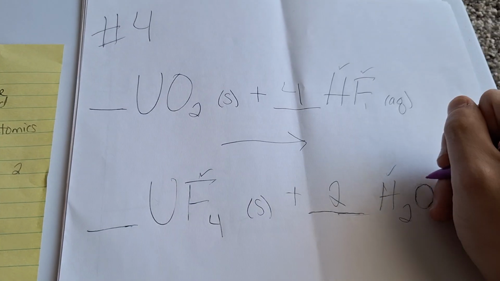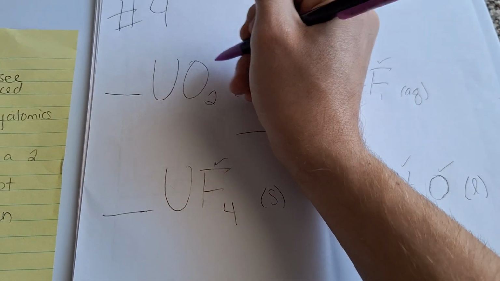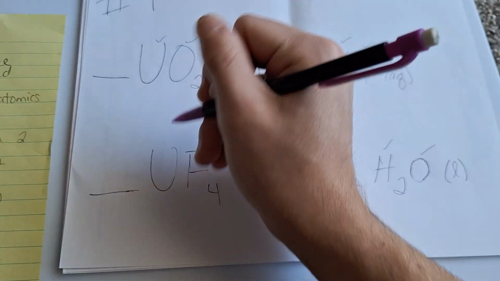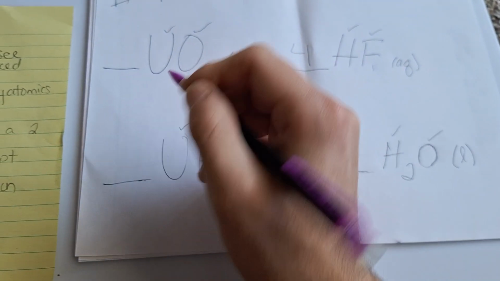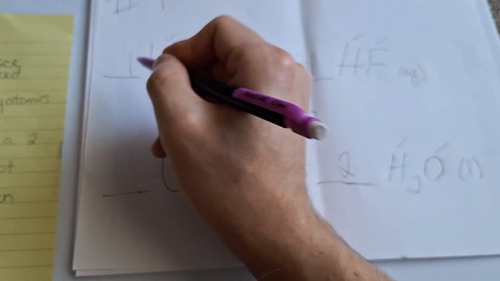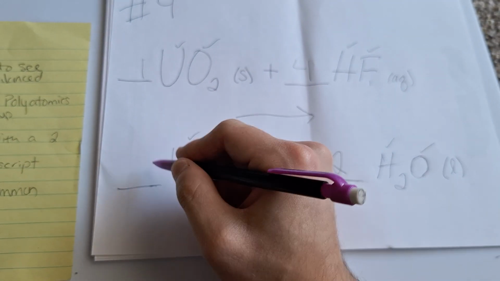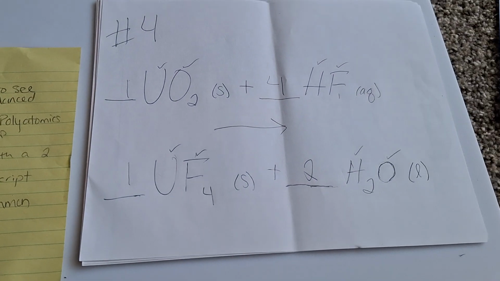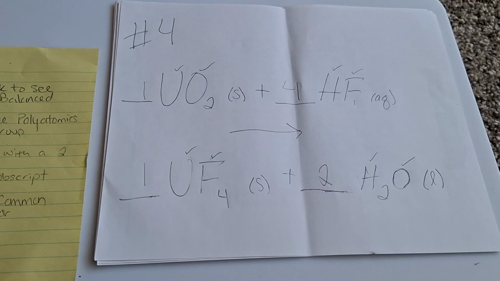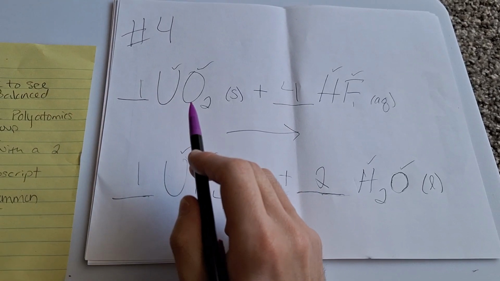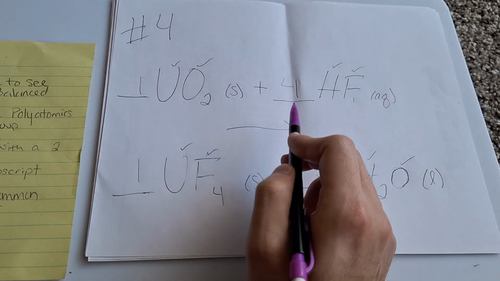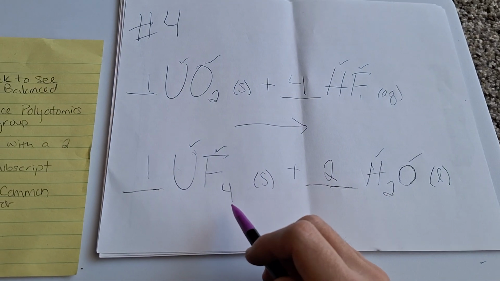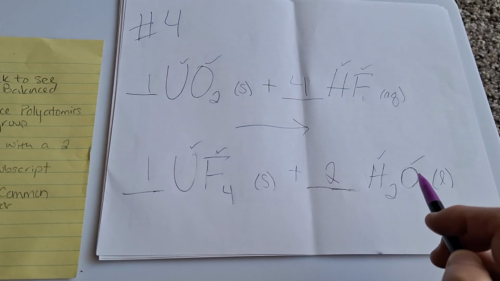So those balance out. And our U's balanced out. So both of these will just be a 1. And we are simplified. Okay, so 1 UO2 goes to 4 HF, producing 1 UF4 plus 2 H2O.